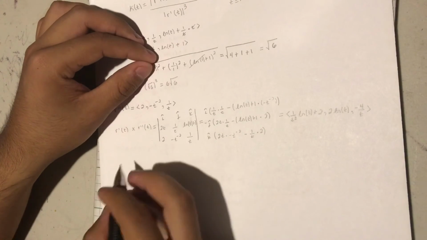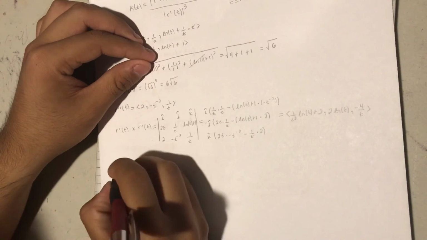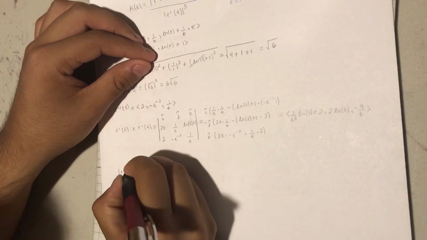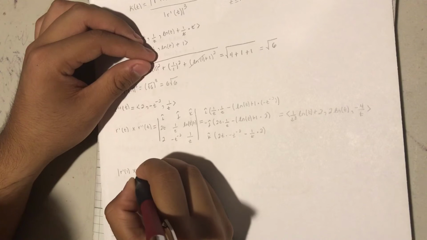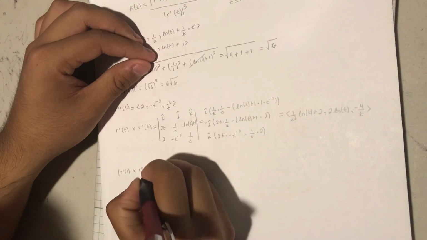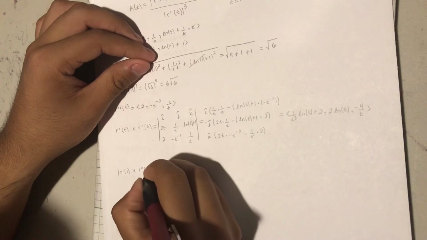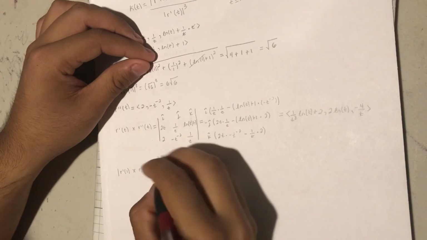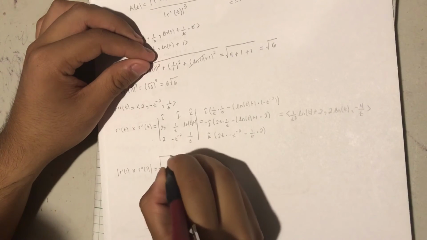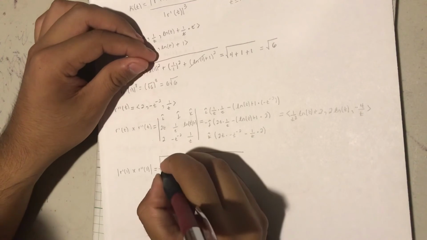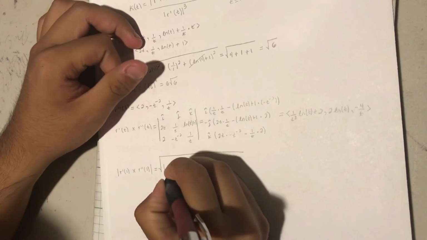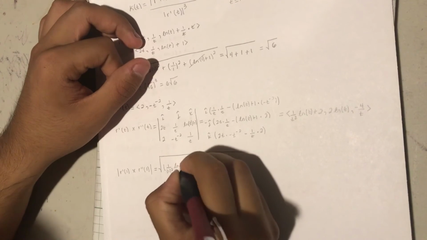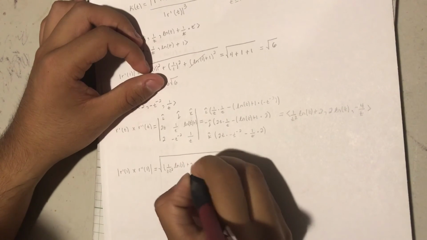So then taking the magnitude at t equals 1 of the cross product, we have 1 over 1 squared ln of 1 plus 2.